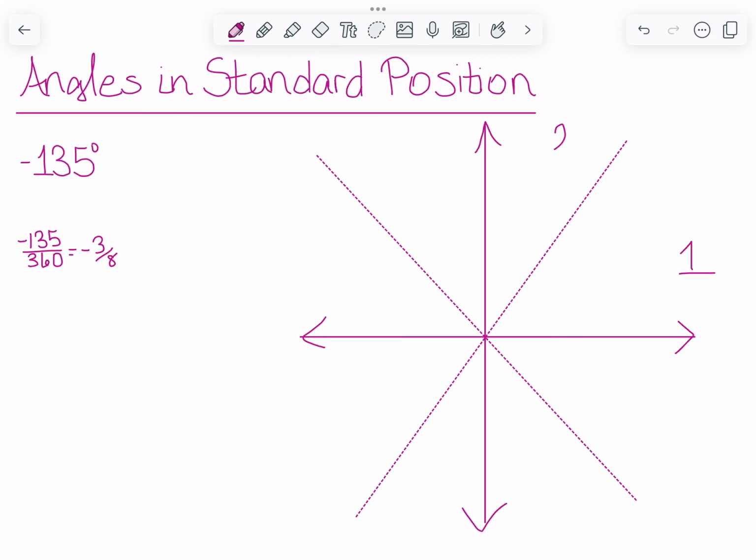We have 1, 2, 3, 4, 5, 6, 7, and 8. Our initial side always goes along the positive x-axis. The 3 in the numerator tells me I want 3 of these 8 pieces, and the negative tells me I need to move clockwise. So that puts me here. That gives me 1, 2, 3 of my 8 pieces.